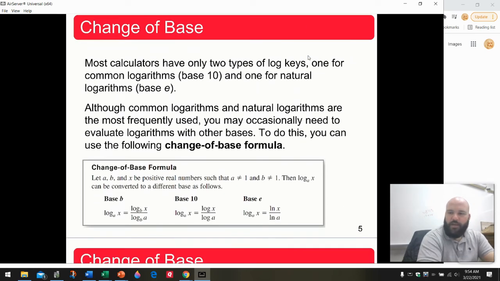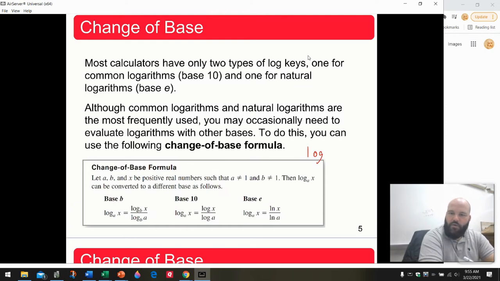The first property that I want to introduce you to is what is called the change of base formula. And what this formula allows us to do is evaluate logarithms of various bases. So if you recall on your calculator, whether it be your graphing calculator or your scientific calculator, you have a log key, and that log key is just written as log.